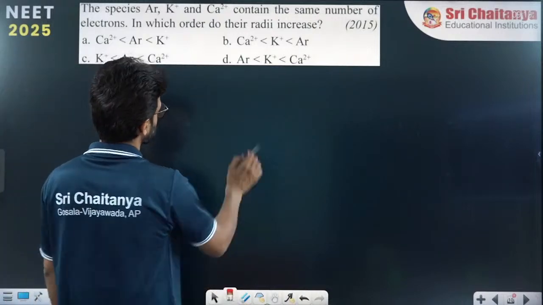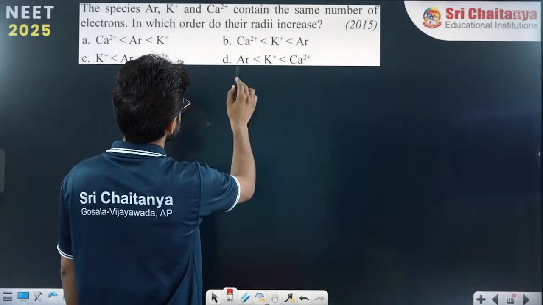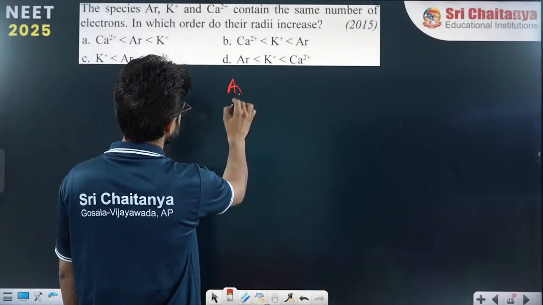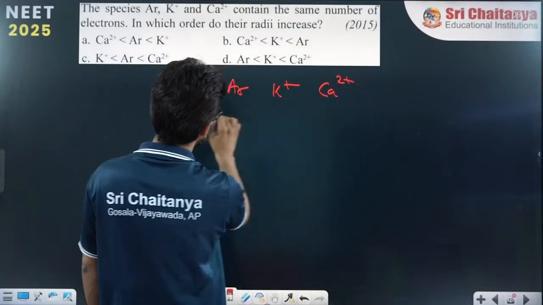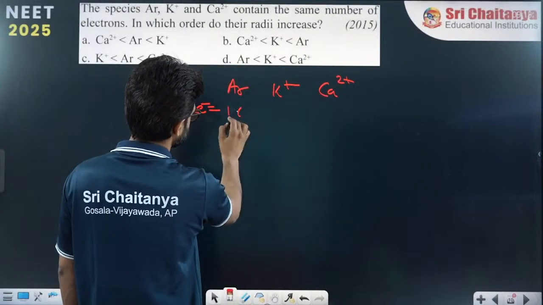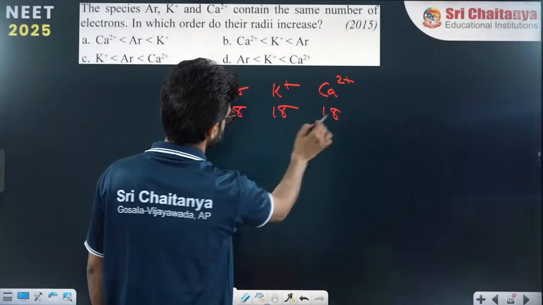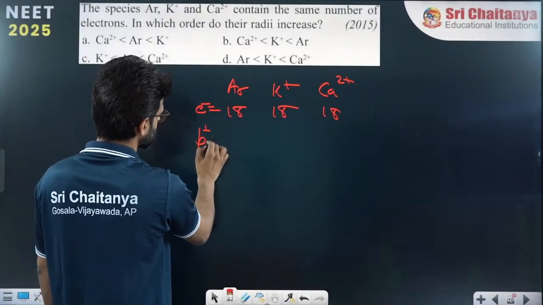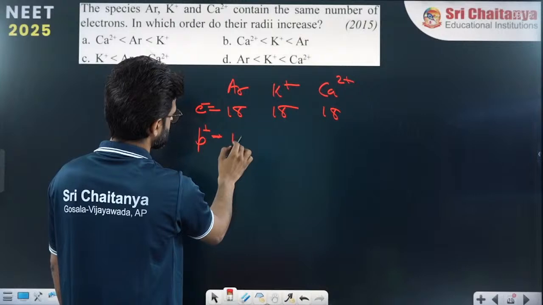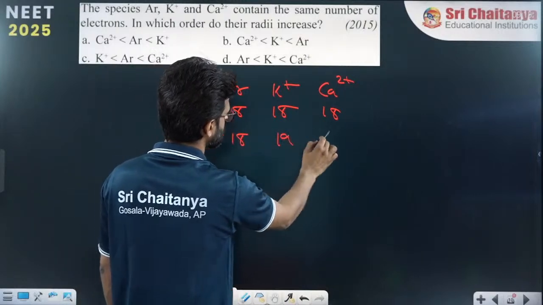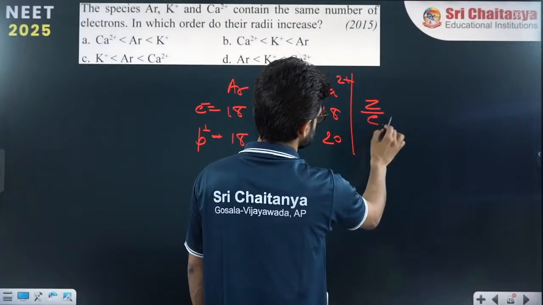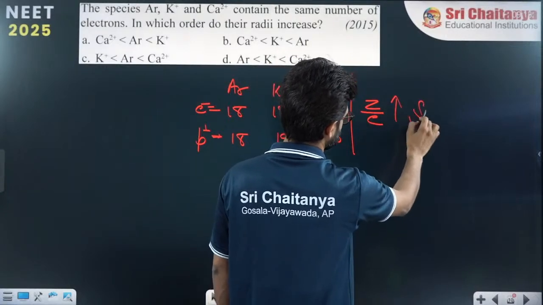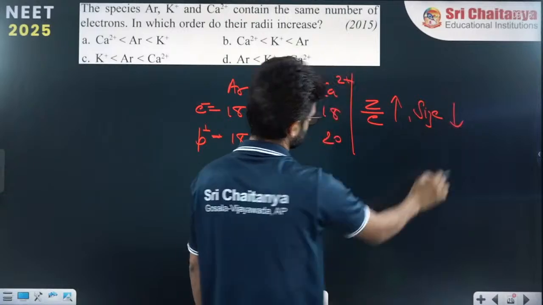If you look at these elements, argon, potassium, calcium, all of these have how many electrons? 18 electrons, 18 and 18. Look at the protons: here we have 18 protons, 19 protons, 20 protons. So if electrons are the same, then the more the Z by e, the smaller the size.